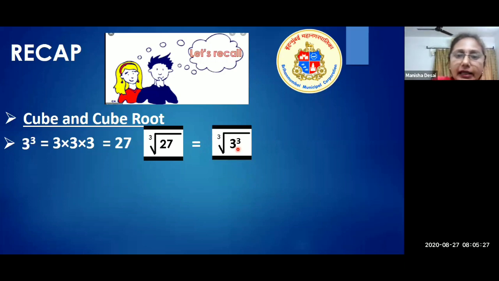Now, this cube root sign can also be expressed in the form of raised to 1 upon 3. So you are going to write it as cube of 3 raised to 1 upon 3. Now, this 3 is in the numerator and this 3 is in the denominator, so this 3 will get cancelled.